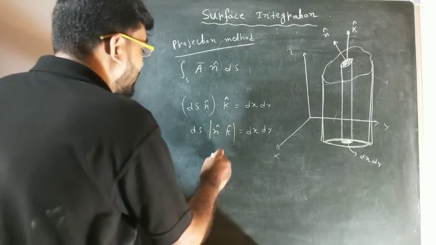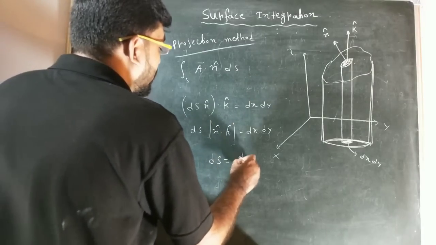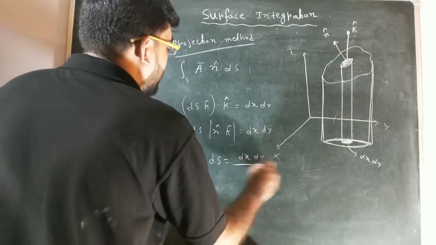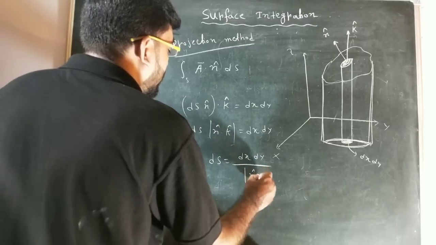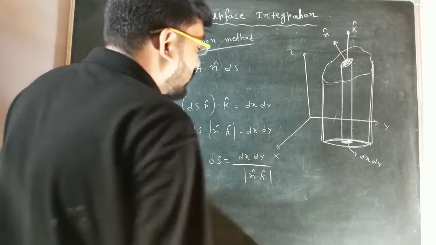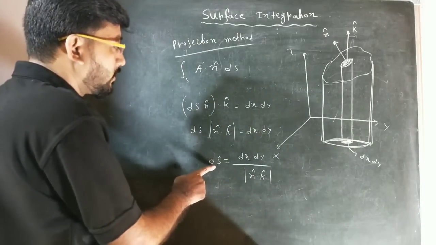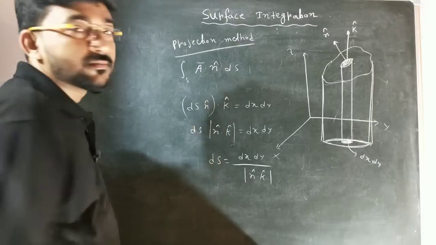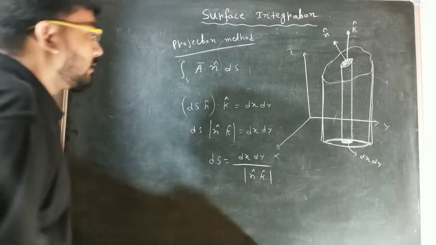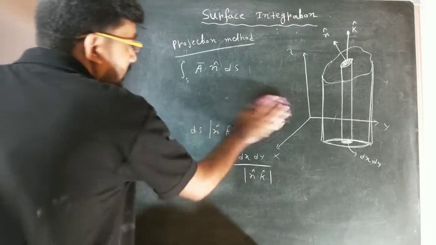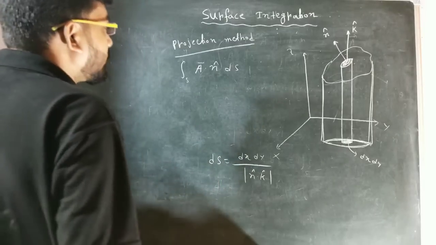So what will be ds? ds will be dx dy divided by mod n dot k. Now we put the value of ds here, and you will get the integration in terms of xy by using the projection method.